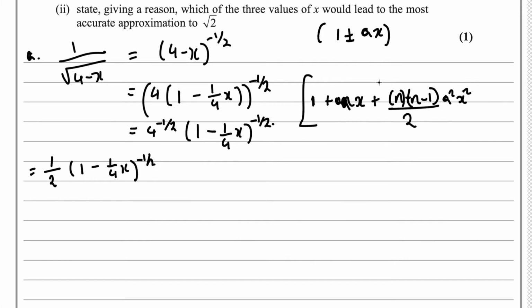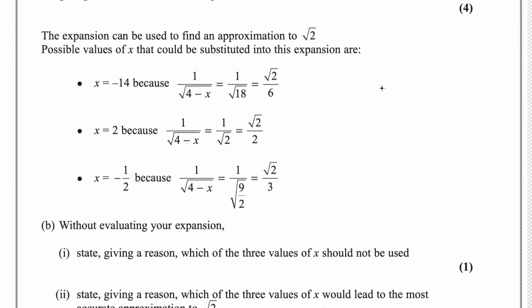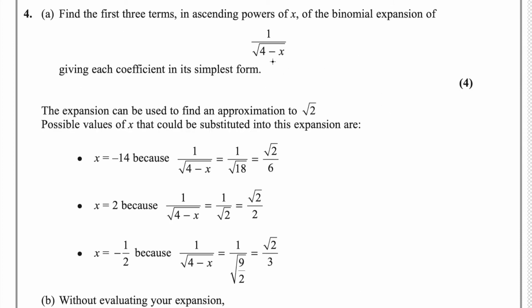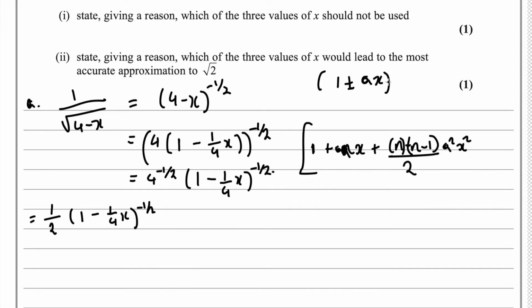Since what we're looking for are the first three non-zero terms in ascending powers of x, that is as far as we need to go in this formula, but obviously it continues to an infinite degree.